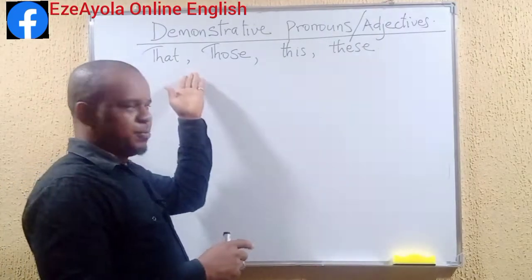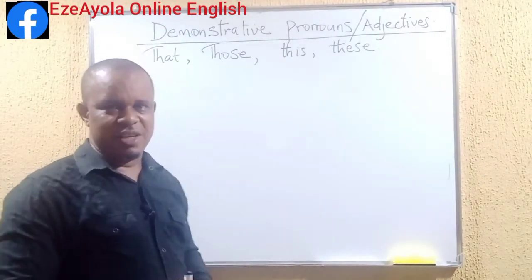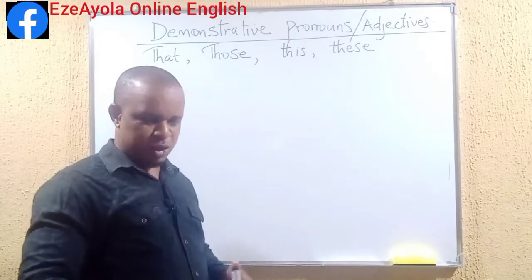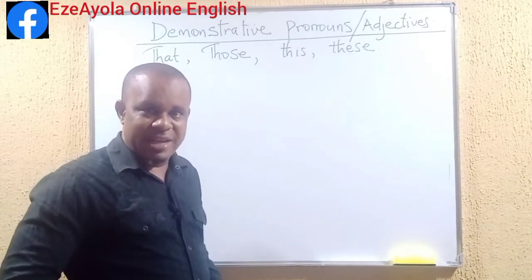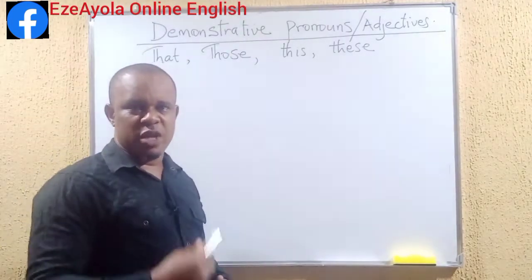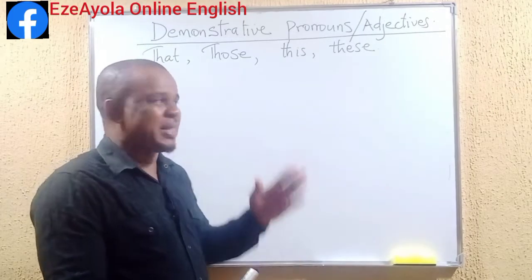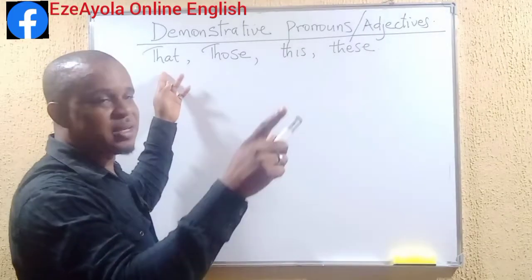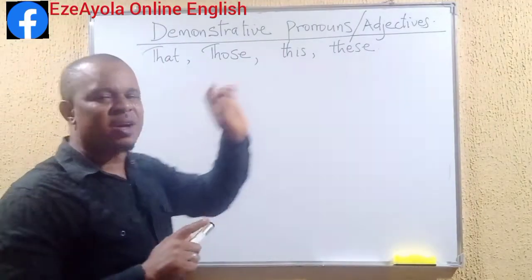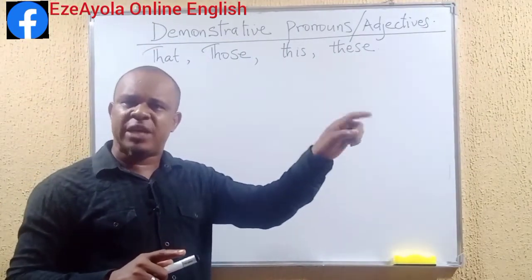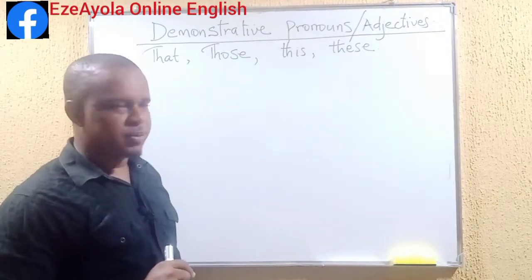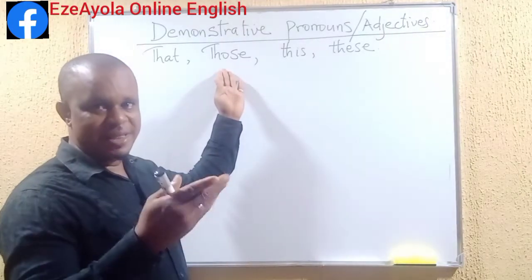When such objects or human beings, whatever it is, there is a distance between our place of standing at a point in time and the position where such thing exists, that's when we use that, and it is singular. We use it to make reference to an object or human being in its singular form, okay? The plural is those.